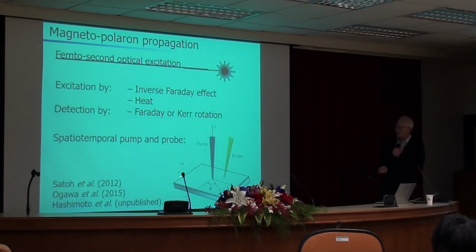So this would be a picture. You have a pump, which is, say, at the origin, and then after the pump, in very short time scales, you're scanning the whole sample and look at what the magnetization distribution due to this pump is.